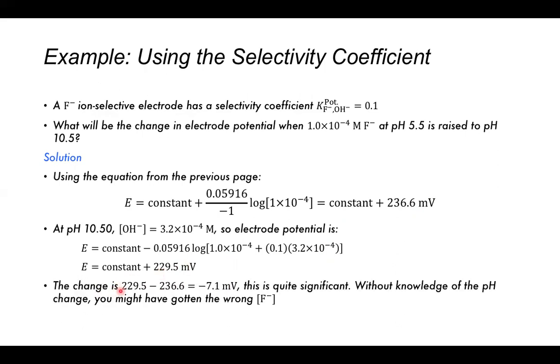Then the change is 229.5 minus 236.6, which will be equal to minus 7.1 millivolts. And this is quite significant. Without knowledge of the pH change, you might have gotten the wrong concentration of F minus. So that's how we would do those more complex calculations, where we've got to take into account competing ions. These competing ions compete with the analyte that we're interested in, in this case the fluoride ion, and complicate our results.